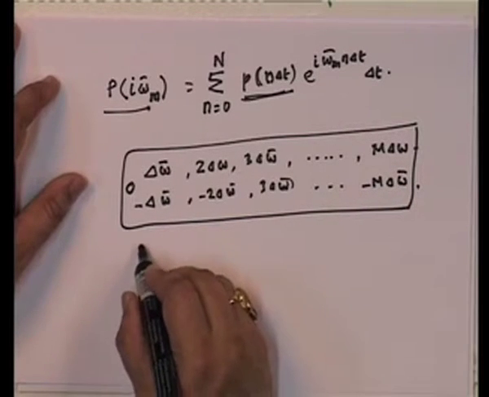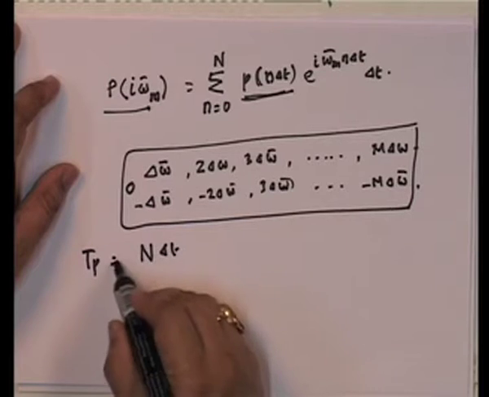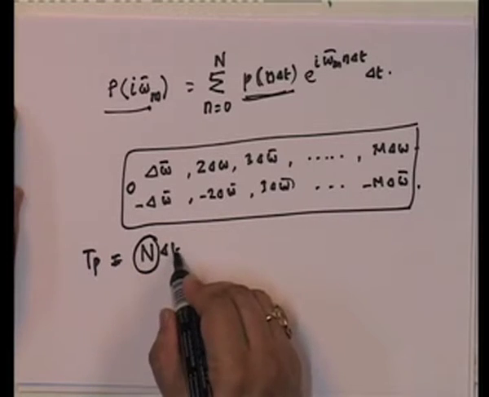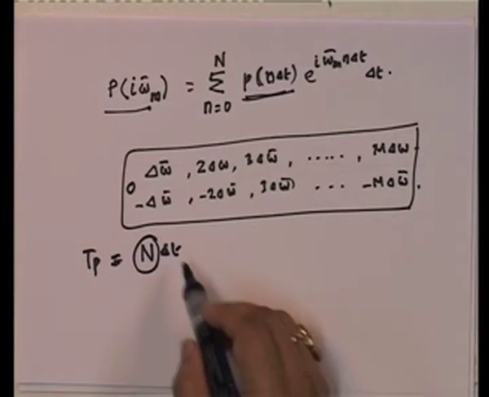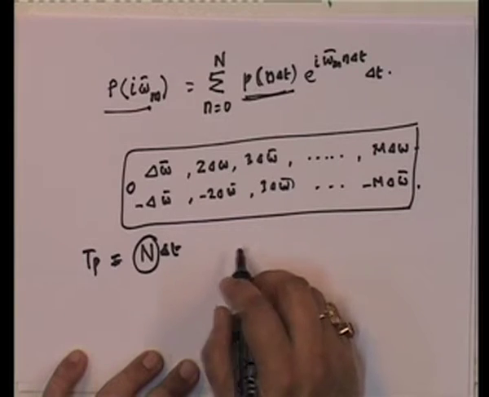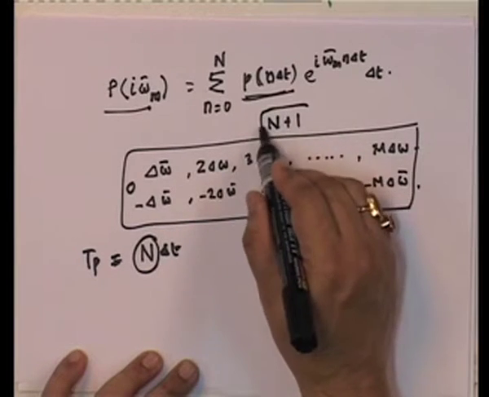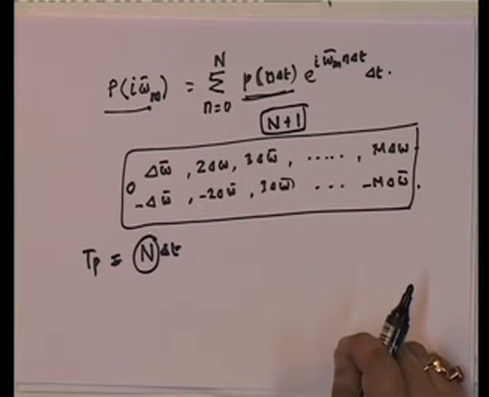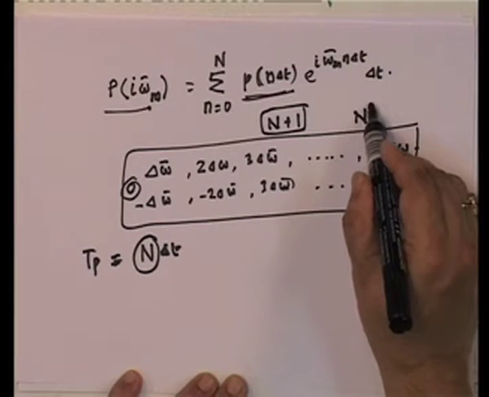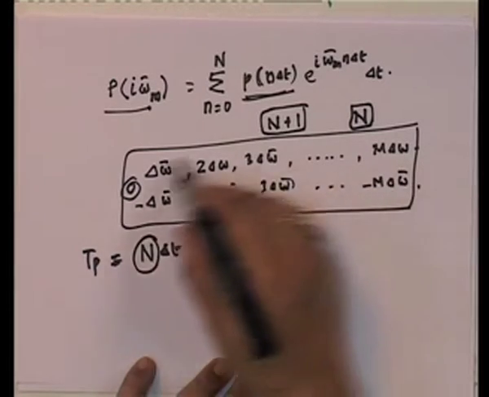See, Tp represents n delta t. So, in other words, I have n delta t terms. So, this is the time domain. How many terms are there? There are n plus 1 terms in the specific one. Now, if I take the 0 term out, you are essentially looking at n terms.